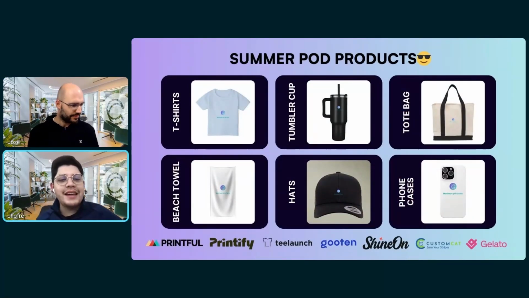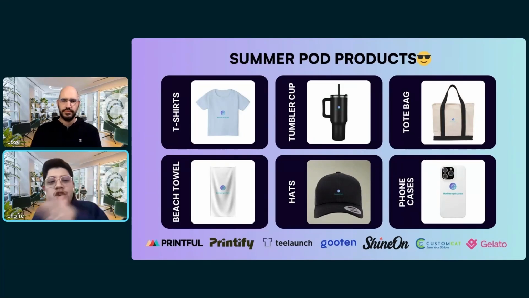Absolutely. These are classic summer POD products. These are evergreen products that people list out for this season, and combining all of these options like the t-shirts, the tumblers, tote bag, beach towel, hats, and the phone cases, combining this with the newest feature that is a gradient will be an eye-catching match for your catalog.